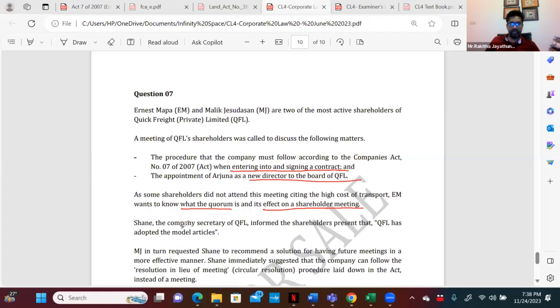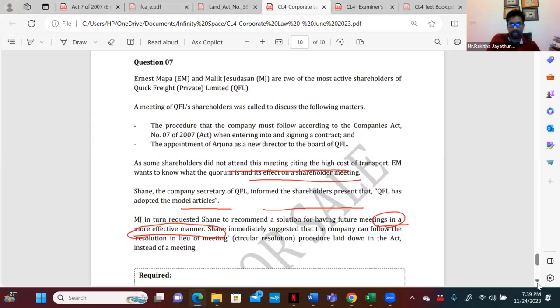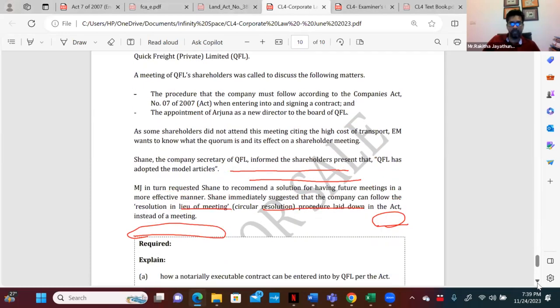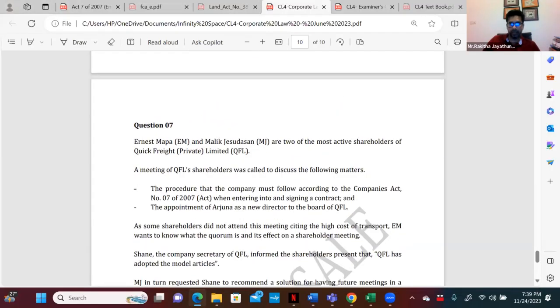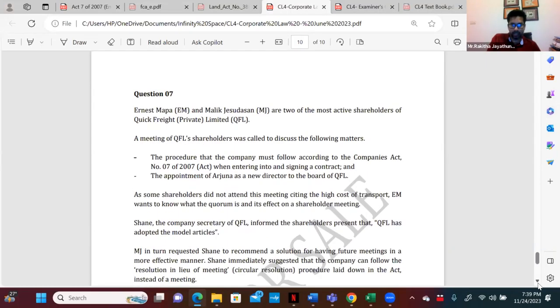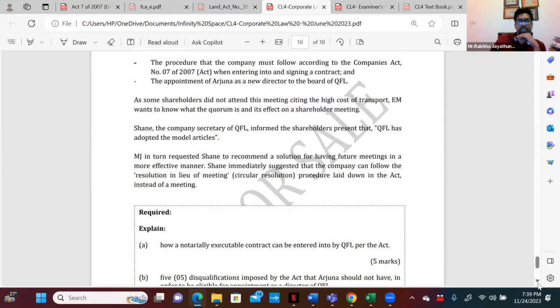Shane, the company secretary of QFL, informed the shareholders present that QFL has adopted the model articles. Right. Then MJ, a shareholder of the company, in turn requested Shane to recommend a solution for having future meetings in a more effective manner. Why?